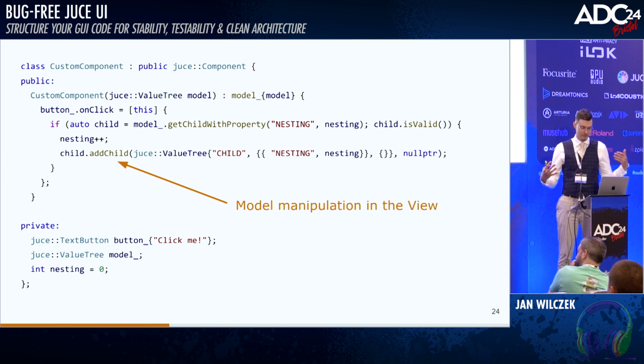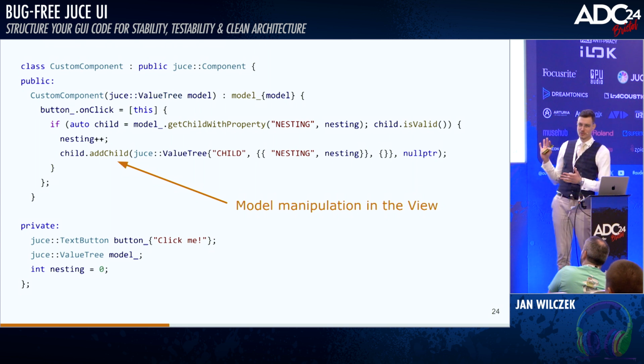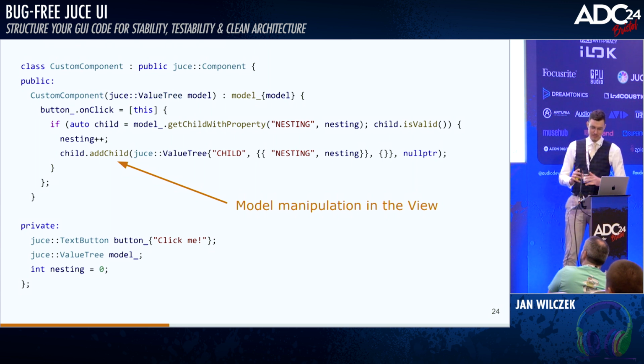We have our model, we have a view, and they are tightly interconnected. Now the component is not just responsible for the UI stuff, but also for the model stuff. So the component is definitely doing too much in this case.